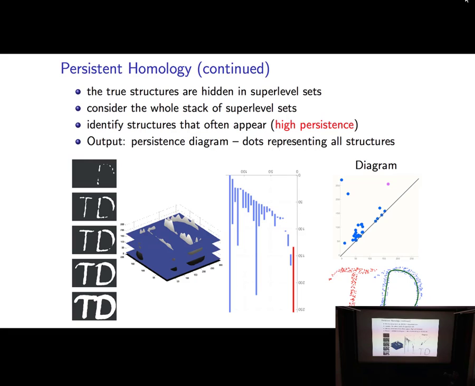And this measurement of how long it exists is exactly the persistence. So you can do some kind of filtration. You move the threshold from top to down. During the process, you can see a lot of topological structures appear and disappear. And then you record them down. That gives you exactly the barcodes, right?